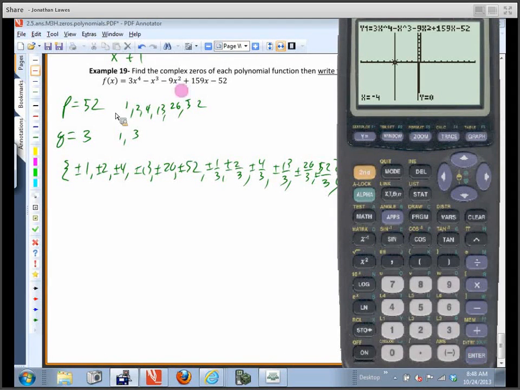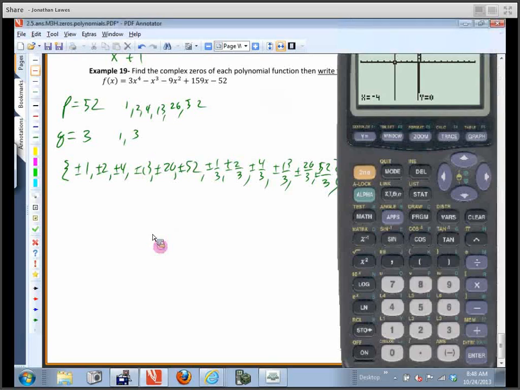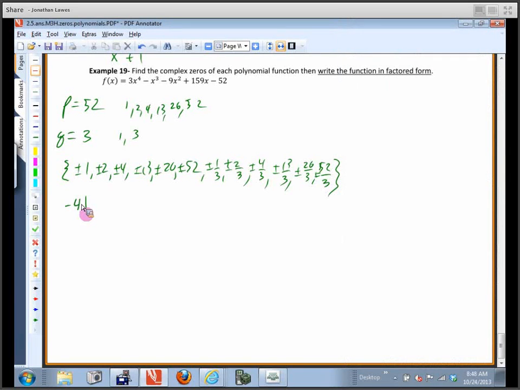So let's do synthetic division with a -4, and let's hope that the depressed polynomial is a lot easier to work with. So we're going to write down a 3, a -1, a -9, a 159, and a -52. And we know that we're going to end up with a 0. If we don't end up with a 0, then we've done something wrong. So we've got a 3, -12, -13. That's going to be plus 52.